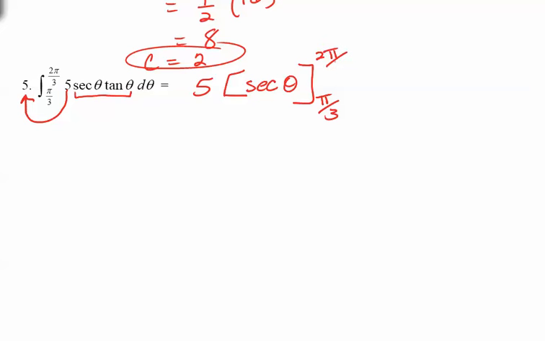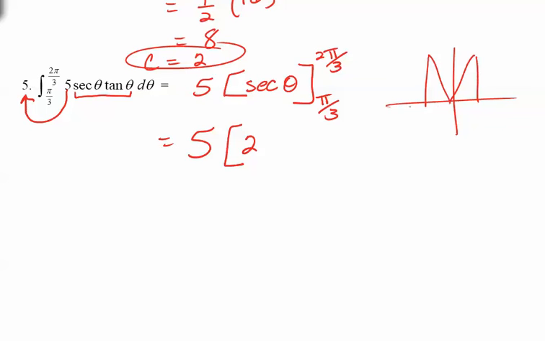And in my head, I'm never actually doing secant. I'm always thinking cosine and then doing its reciprocal. So at pi over 3, the cosine is 1/2, so its reciprocal would be 2. And at 2/3 pi, our cosine would be -1/2.